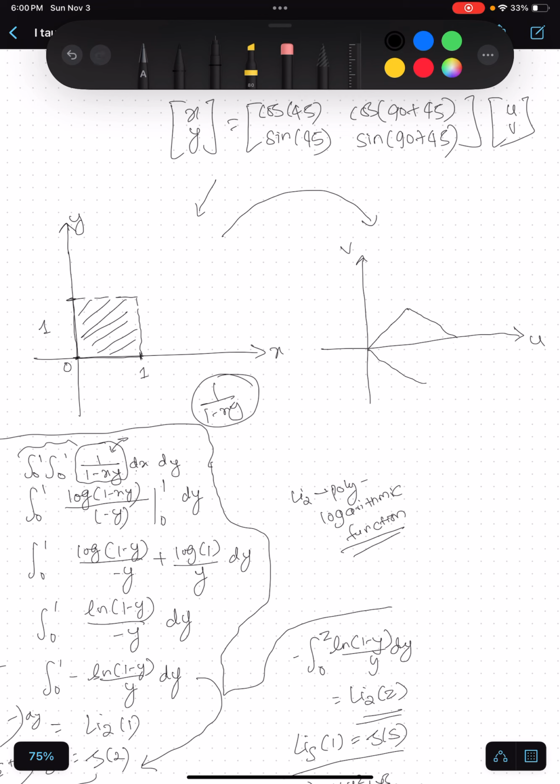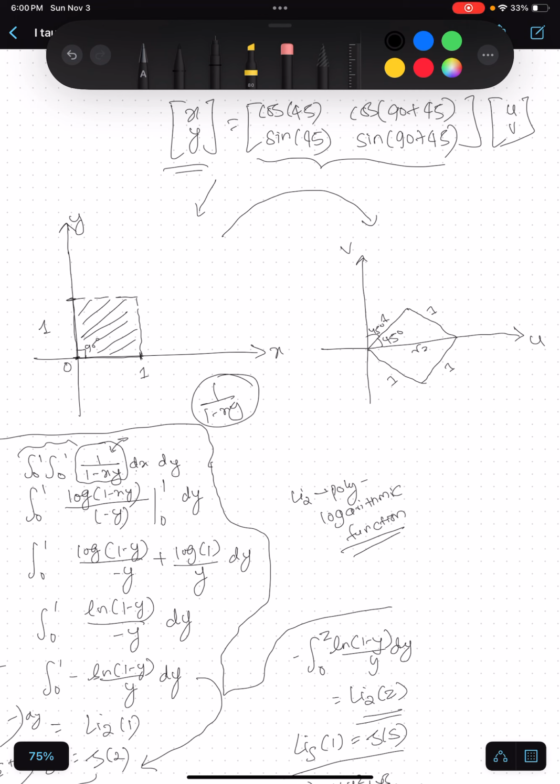This is 1, 1, 1, 1, square root 2, and this is 45 degrees, and this is 90. If I have a 1 by 1 square in the uv coordinate system, after I apply this transformation to the coordinates uv, that will go to xy, right?